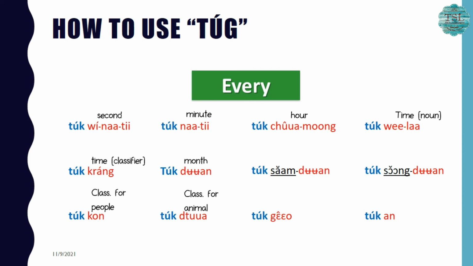So ทุกตัว means every animal. ทุกแก้ว. แก้ว means glass, so ทุกแก้ว means every glass, like a glass of beer, a glass of water. And then the last one, ทุกอัน. อัน is actually a universal classifier and it also means piece of something. So ทุกอัน can be every piece, everything, like every piece of something.